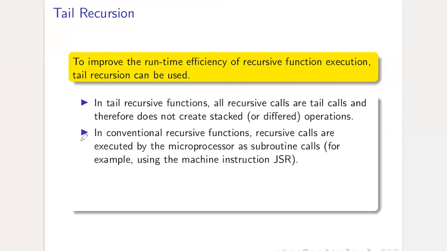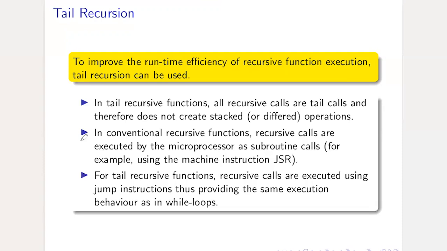This issue of efficiency is always there because normally in a microprocessor, when you call a function, it is executed using an instruction like JSR, which stands for jump to subroutine. Jump to subroutine will automatically initiate that context switch of storing the state of the CPU in a stack.